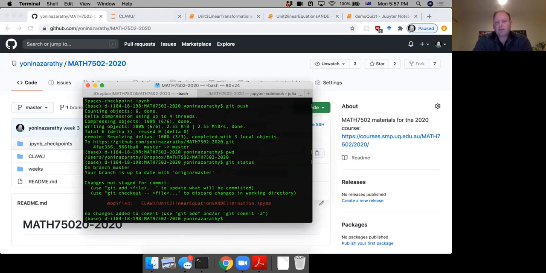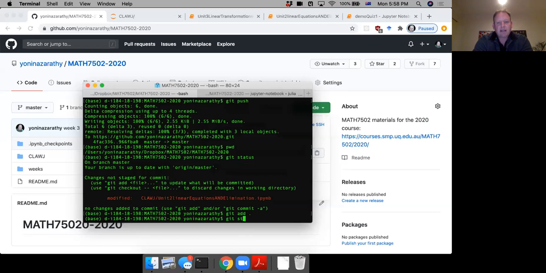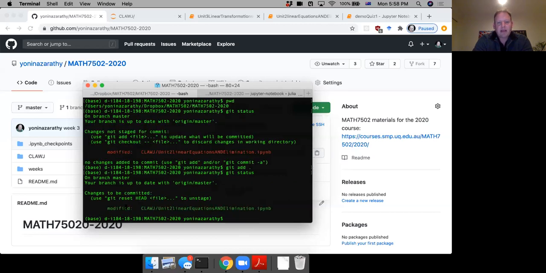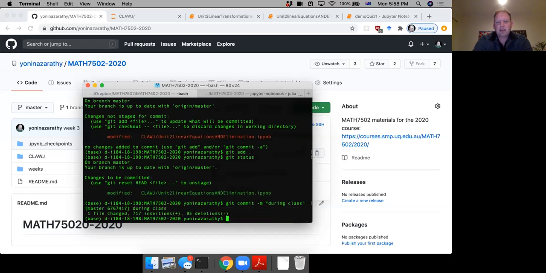This is my Unix terminal, or Mac OS in this case. I'm a bit sloppy with this, so I would add dot. It would add the file, git status. You see, it's now in the staging area, and then I would do a git commit with a message, and I've committed it, and then I push.